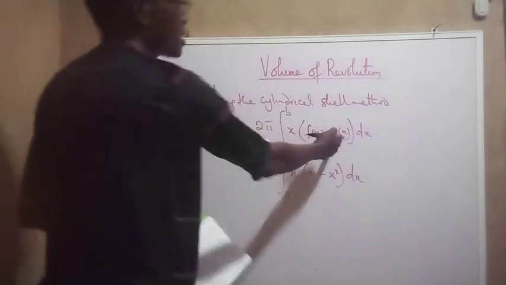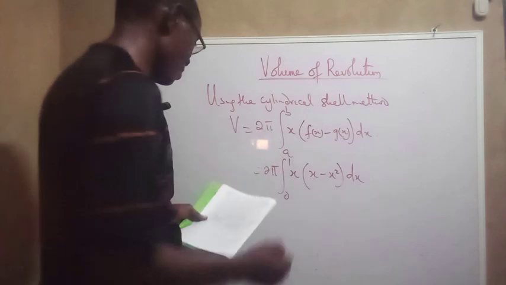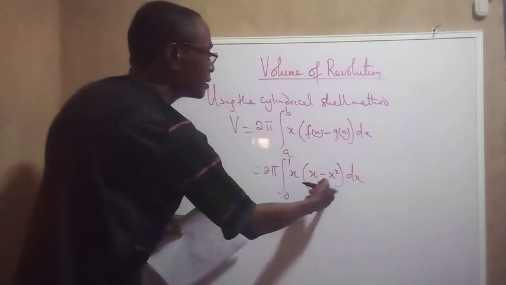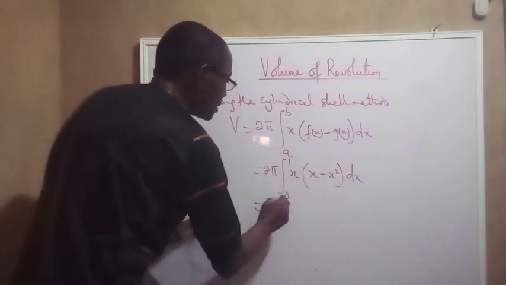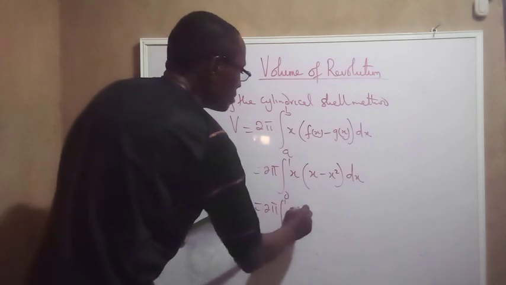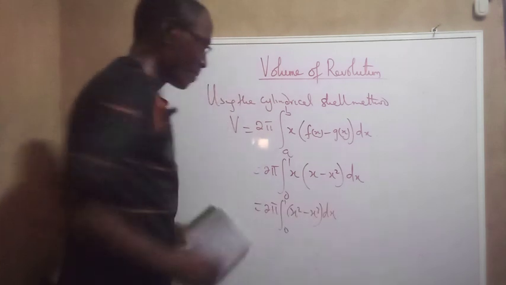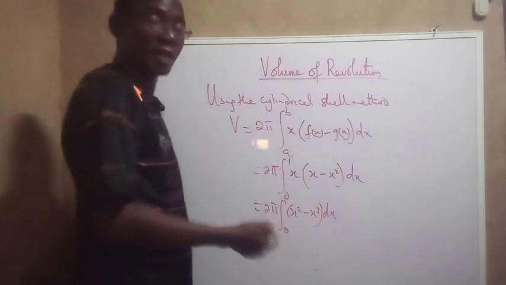That is when we subtract g of x from f of x. Let's expand this. We have 2 pi integral from 0 to 1 of x squared minus x cubed dx. With this, we have to integrate and take the limits.